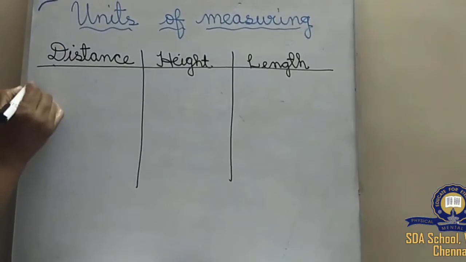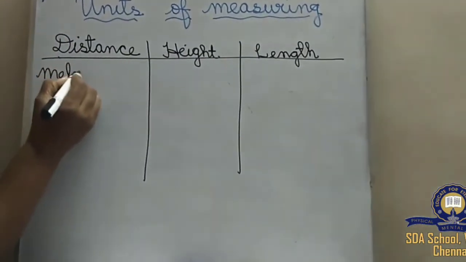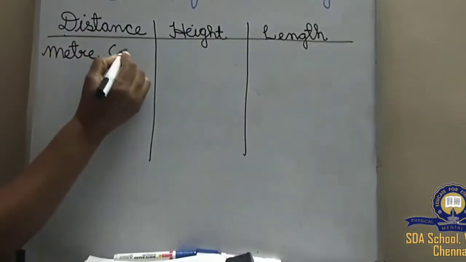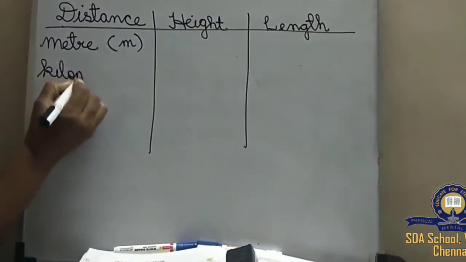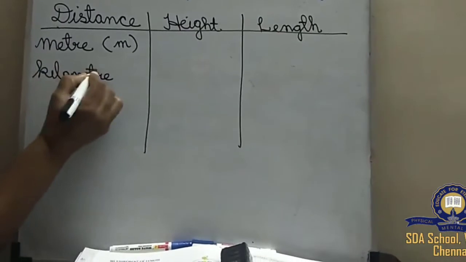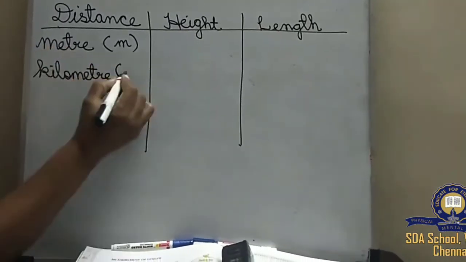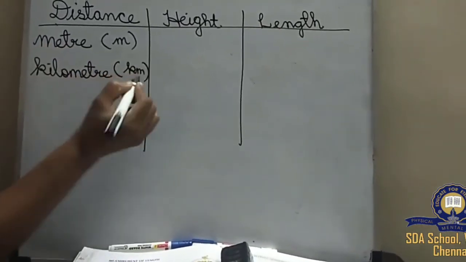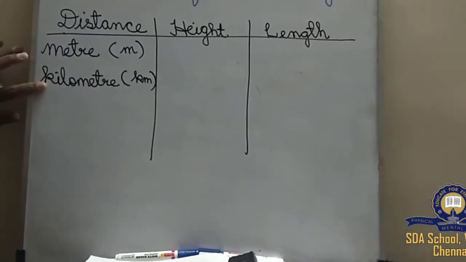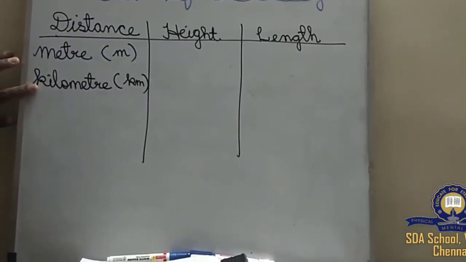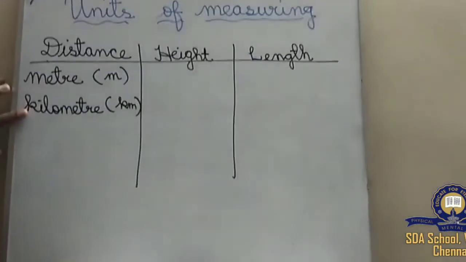Distance means meter we can measure. It will come in meter or in kilometer. Distance is always measured in meter or kilometer. Understood, children? It cannot be measured in centimeter or millimeter.